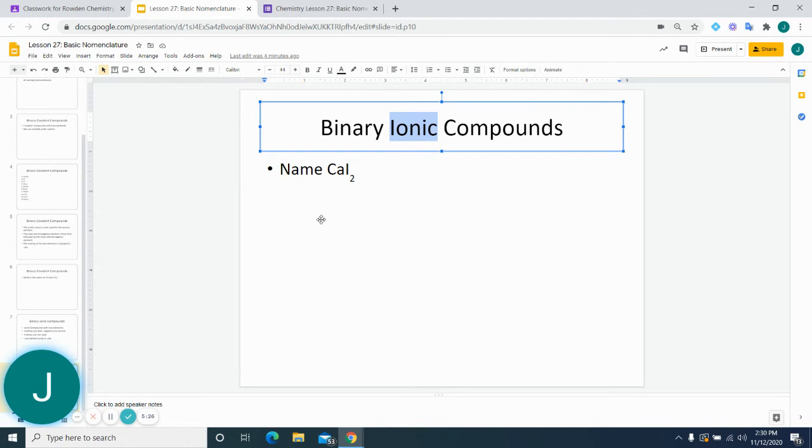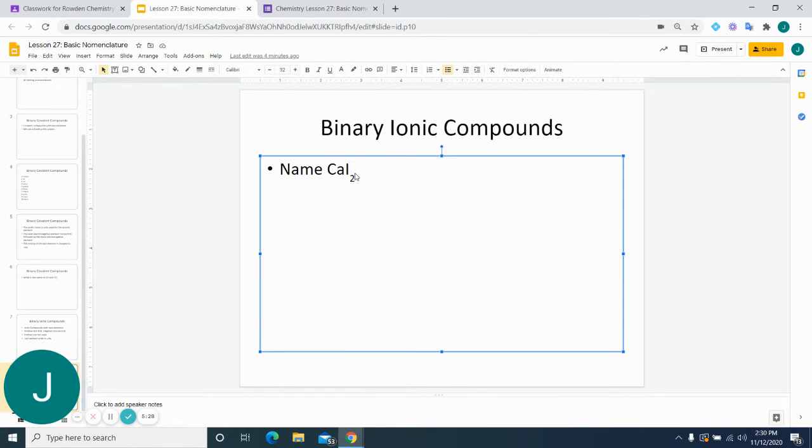So on the flip side, if it said calcium iodide, and it gives you the name and says write the formula, you'll come up with this. And how will you come up with that?